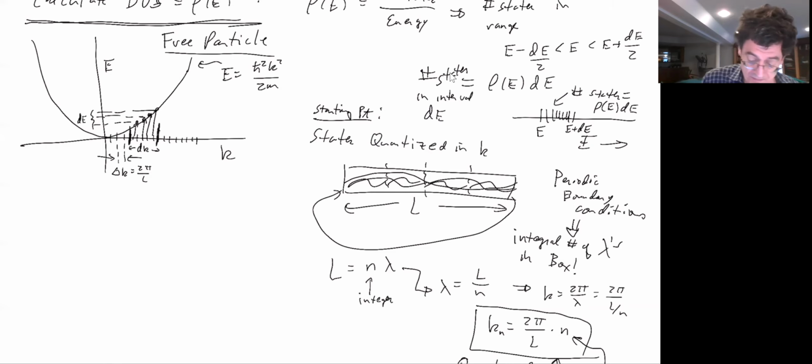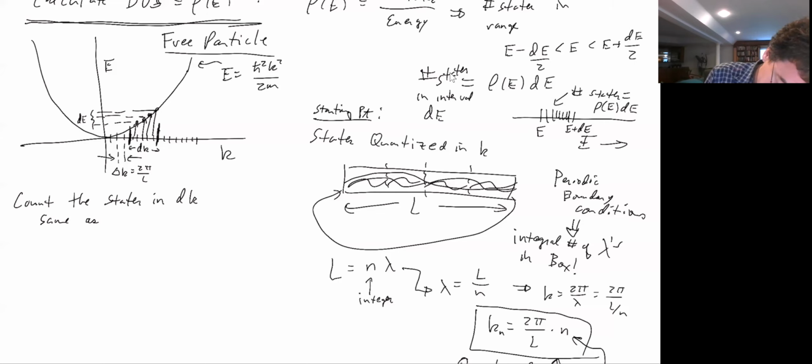So that means that I can think of my states either in K or E. And there's a simple way to think about it, because now I know then that I can count those states in dk. It's the same as the states living in interval dE.